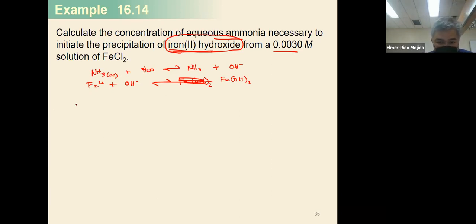If you look at this, you get the Ksp equals Fe2 plus times hydroxide squared, and that equals, if you look at the table, 1.6 times 10 to the negative 14.